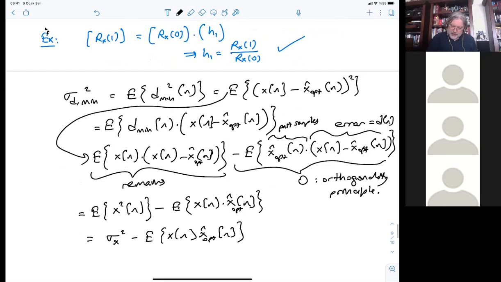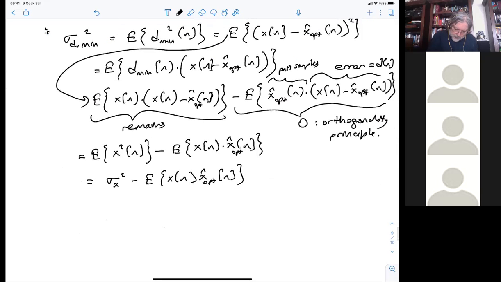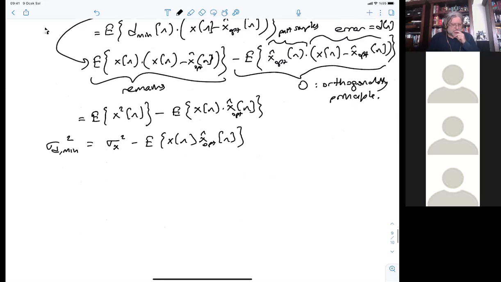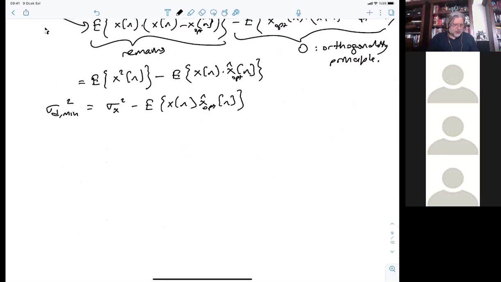This is the minimum error energy that we have. As you see, it is clearly less than sigma x square. And by the way, we can also write the same thing in terms of the autocorrelations.